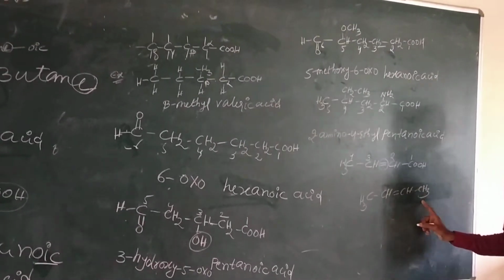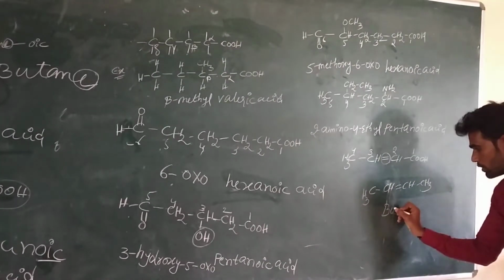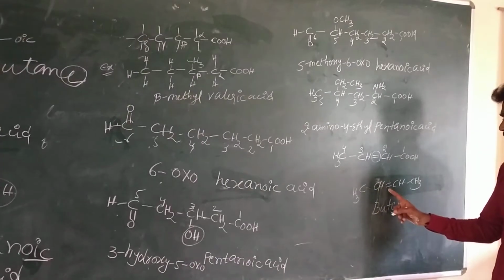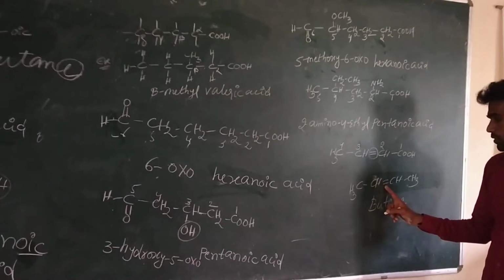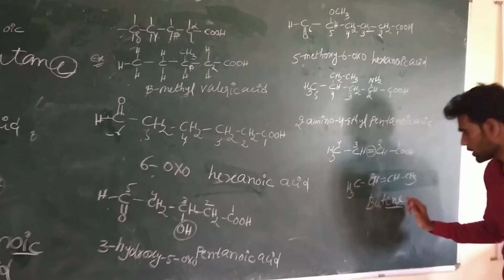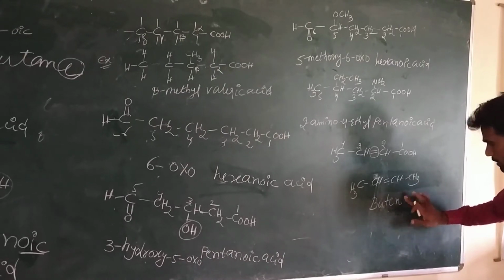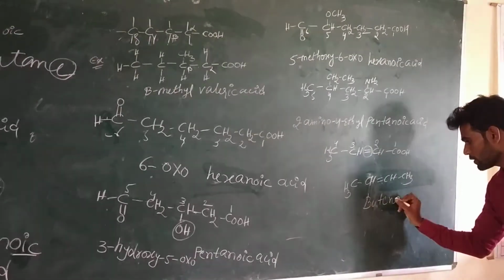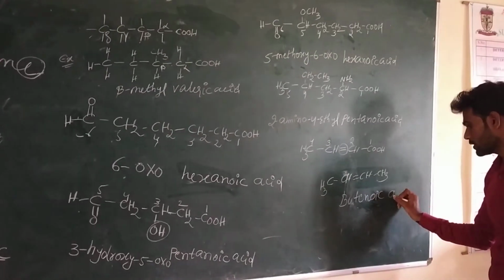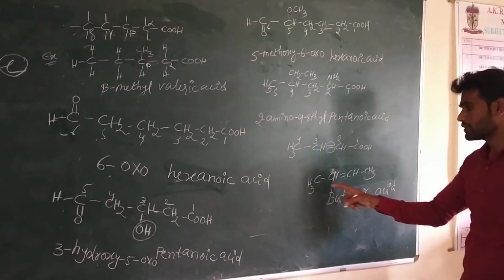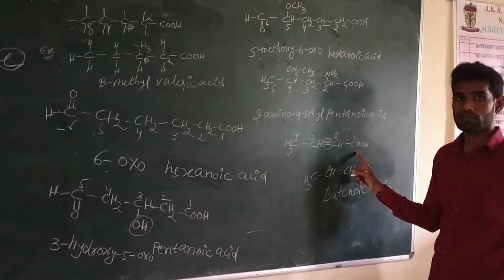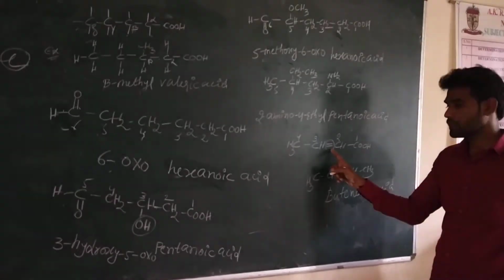This is the butene, ene, presence of unsaturation. But we have the carboxylic acid at the end. So that's why this E is replaced by the OIC. Butanoic acid. It is an unsaturated carboxylic acid. We have the unsaturation at the second position.